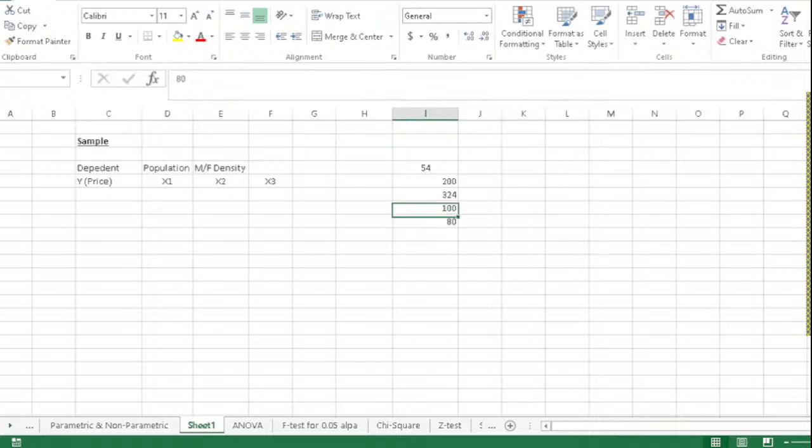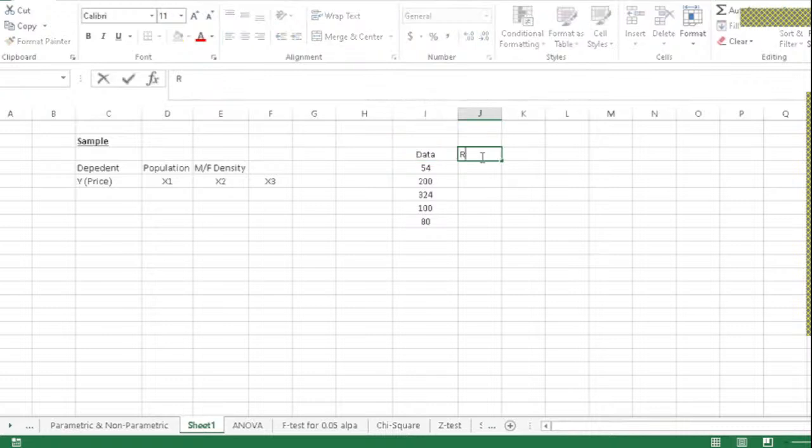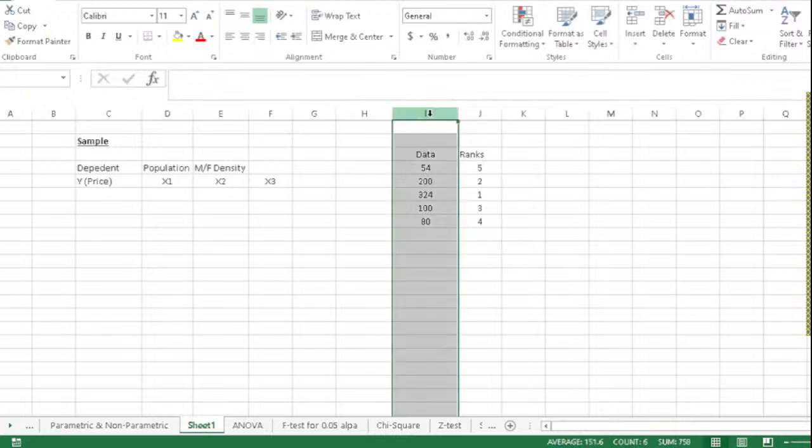This is my actual data. Now, I have been given only the ranks for this, in terms of 1, 2, 3, 4, and 5. I only have these ranks. I don't have the actual data. Let's say I hide it.